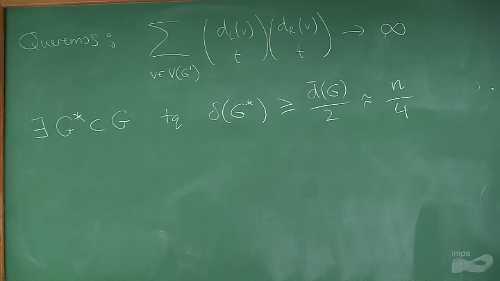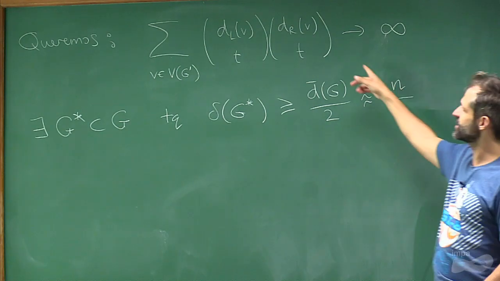Then every vertex here will have degree roughly n over 4 or higher. So we'll have n over 4 vertices going down here, more or less. So that tells us the density across is at least a quarter. So is that going to be enough to prove this?